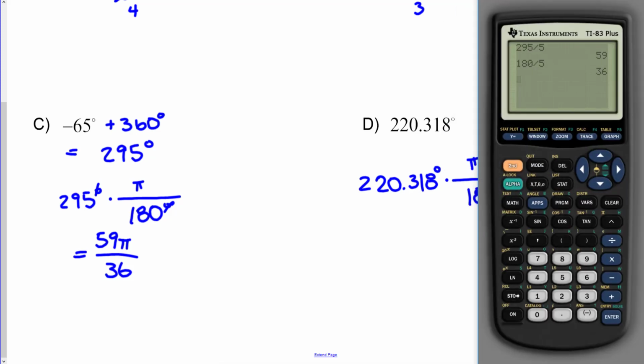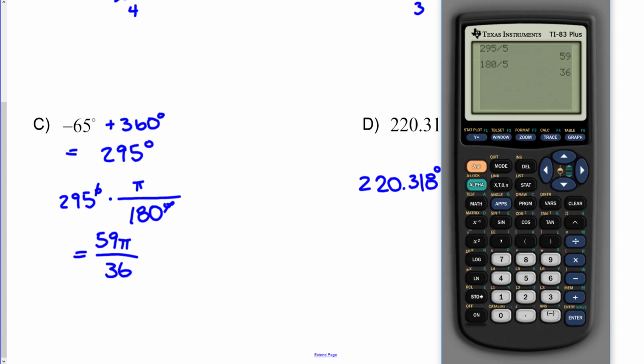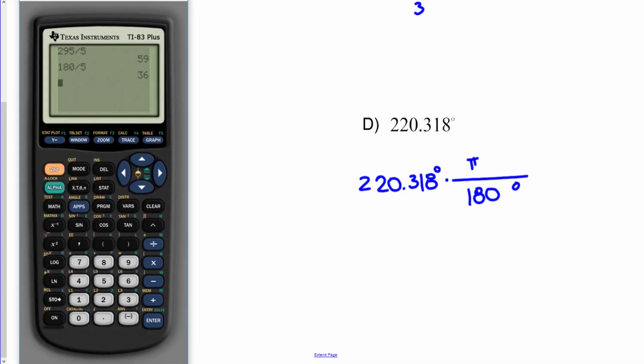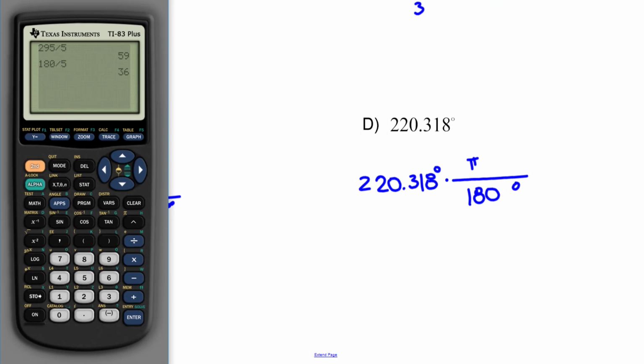Now, when we use the calculator here, let me bring the calculator over so we can use it. What I'm going to do is take 220.318, multiply that by pi, so second and the caret gives you pi, and it's still an approximation to pi, but it gives you 9 decimal places instead of just usually 2.